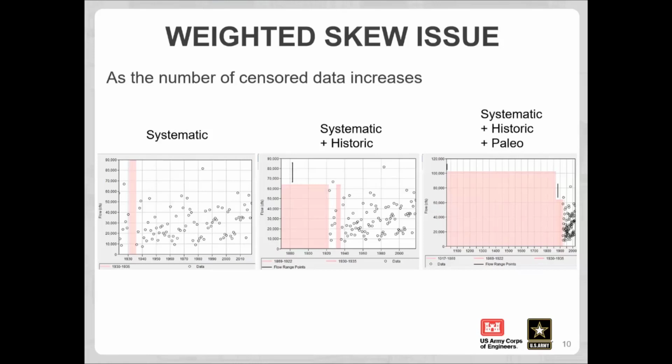And then the far right is the addition of paleoflood information, which has a fairly long historical period. It's hard to see on the plot here, but there's one paleo stage indicator estimate for a paleoflood event. Next slide, Mike.